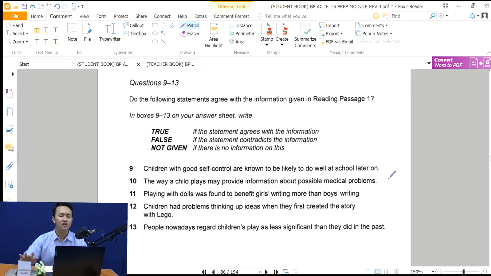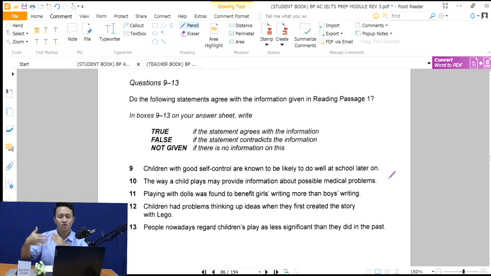This statement is so positive, so beneficial, but you might think that the answer is true based on your prior knowledge. Well, children with good self-control can achieve better scores, they can do better on every subject at school, but maybe the text says the opposite. So do not let your prior knowledge interfere with your answers.